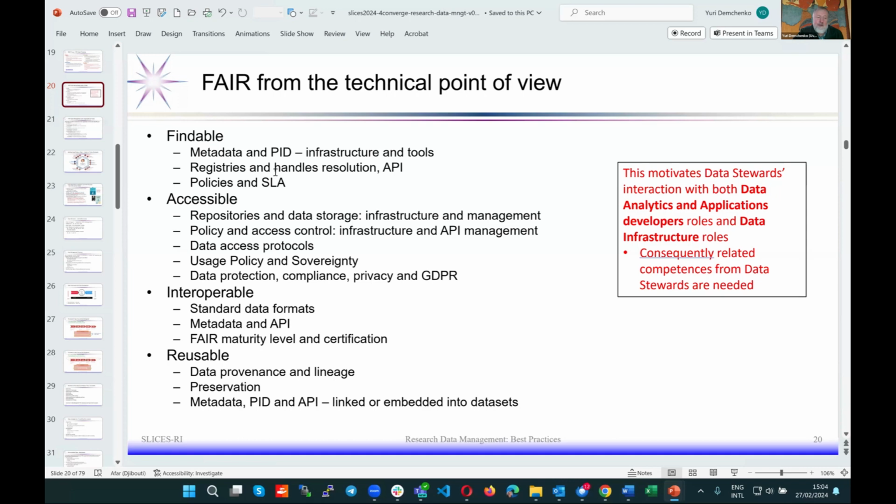Handle resolution should not be done inside the organization. You need to connect to global PID services. It also needs to be added to policy and SLA. Why policy and SLA? Because in many applications, policy and SLA are automatically connected to the application and to the API. For accessible, again you need infrastructure that is accessible using standard protocols.